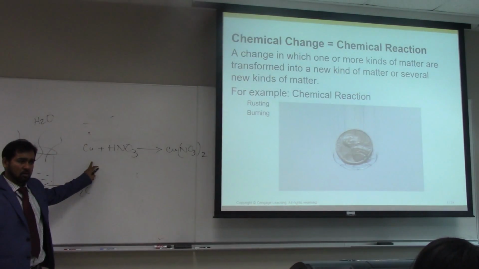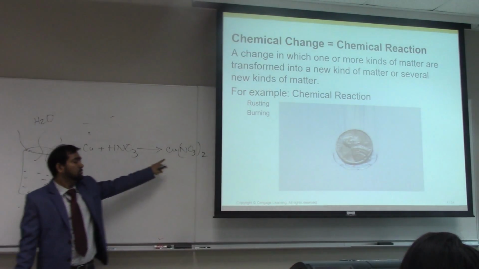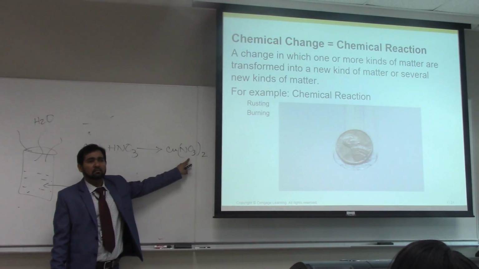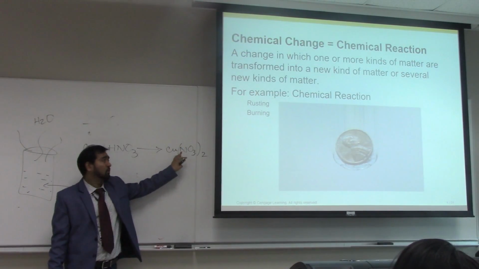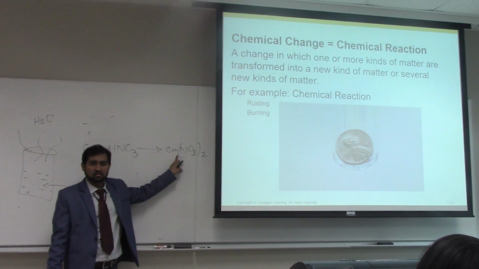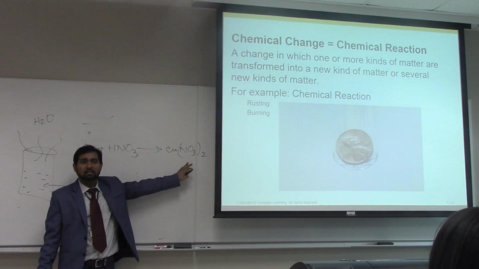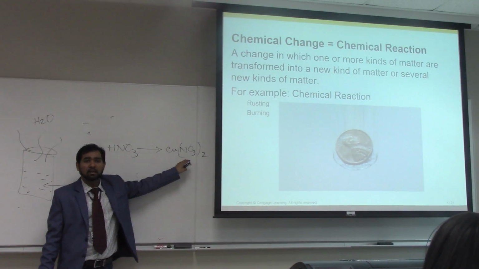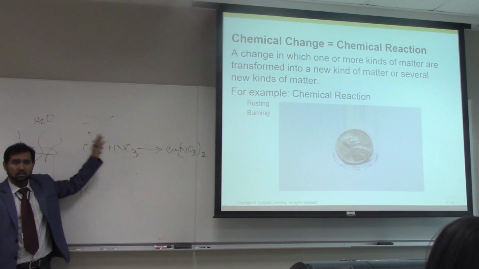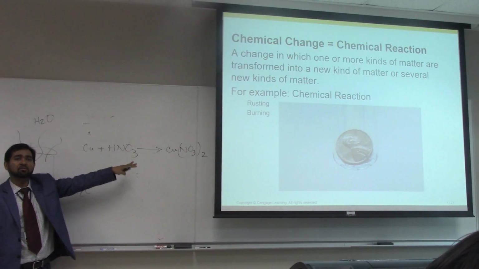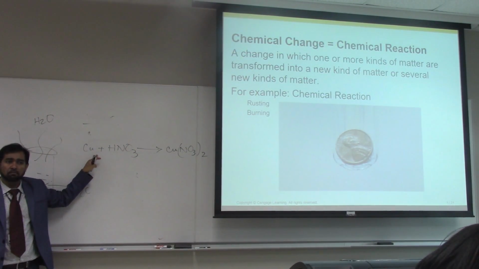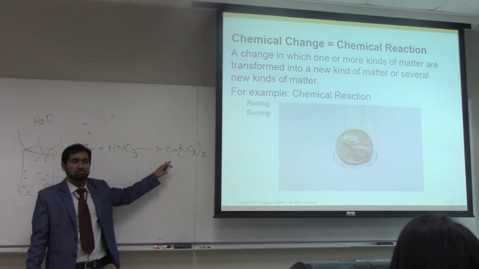It was a penny, copper, just metal. Is there any metal existing here? It's a completely new compound. This is called a salt. Completely, it was a metal, now it is a salt. And this salt cannot reverse, it's not reversible. You cannot reverse that back to metal. That shows that this is chemical change.